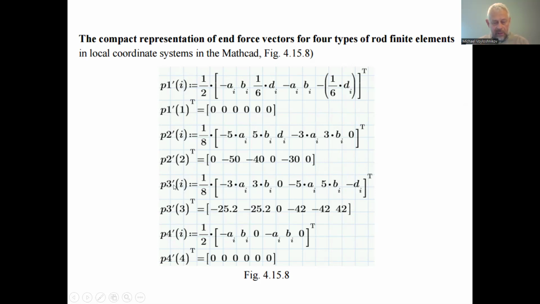P of the third type in the local coordinate system depends on the number of the finite element.